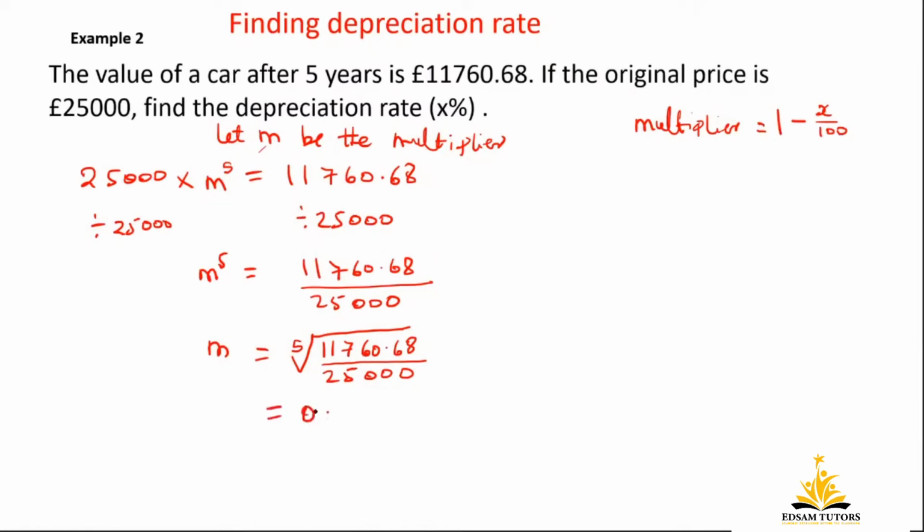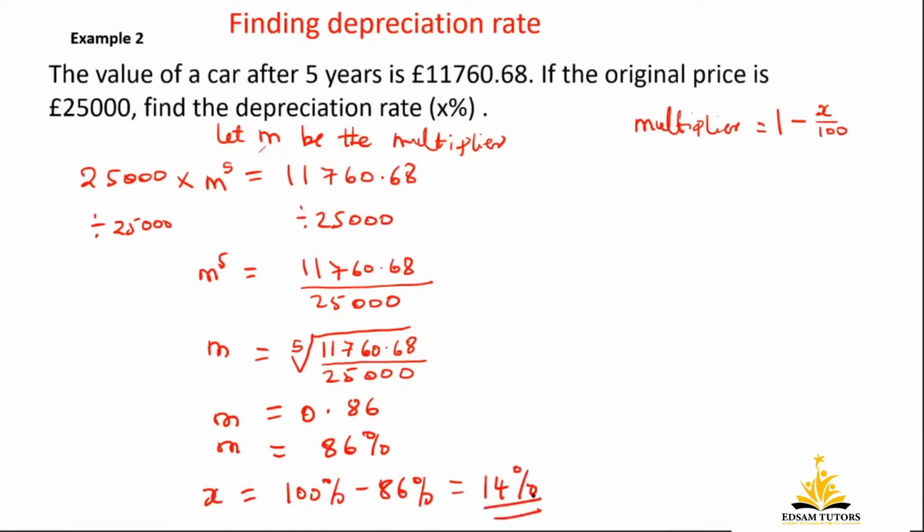And I got 0.86. So my multiplier is 0.86, which is equivalent to 86%. Now this tells me that x is going to be 100% minus 86%. That's 14%. So this was depreciated at a rate of 14%.